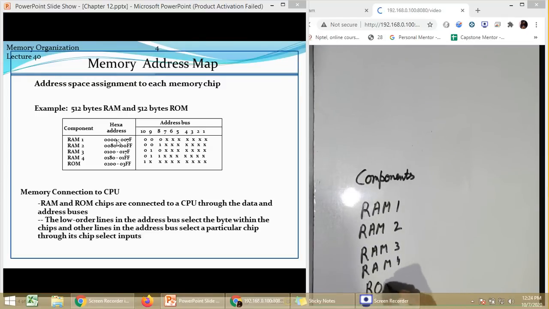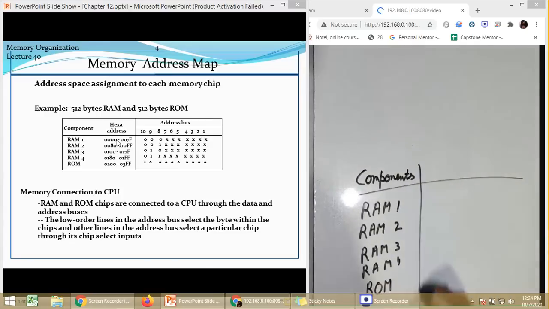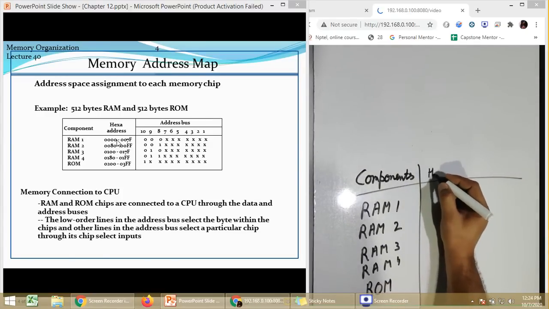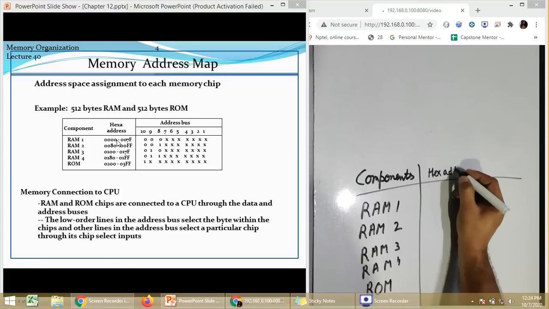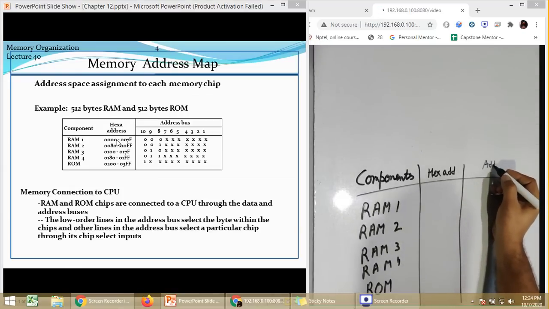There is a single ROM chip in it. Let us talk about the addresses and how to find out these addresses. These are hexadecimal addresses. How to find out this address, we will discuss that. Then we have the addresses shown at this place.